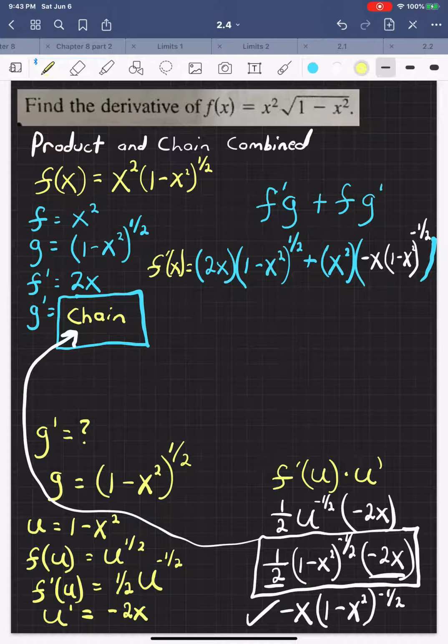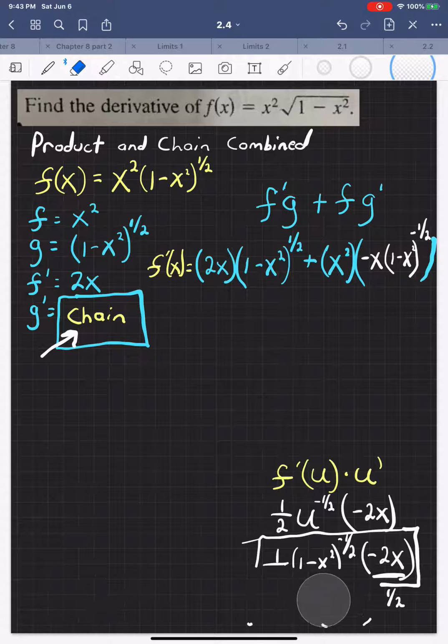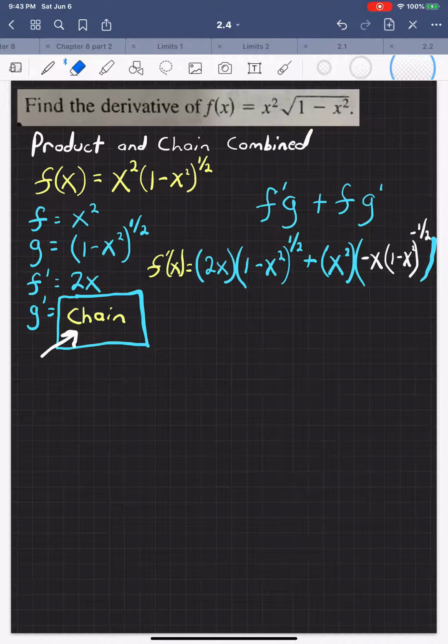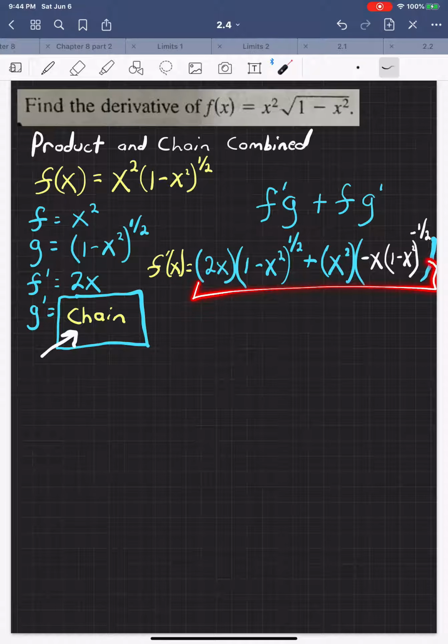We just need to clean it up and offer a better product. So let me give myself some space. The reason why I say to my engineers, to my science people, is because if all you cared about was, let's say, the velocity 2 seconds after launch, then you could just plug 2 in the way it sits.